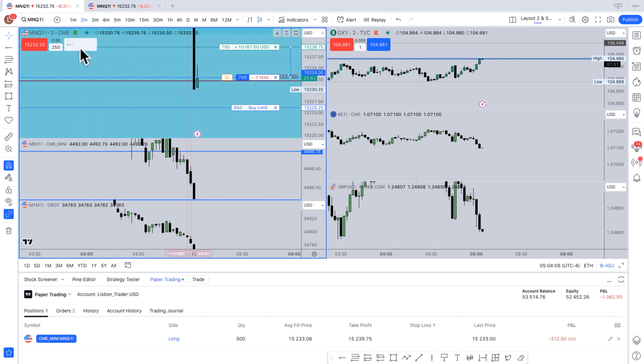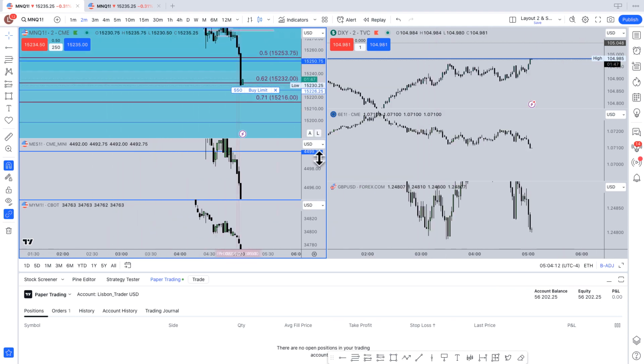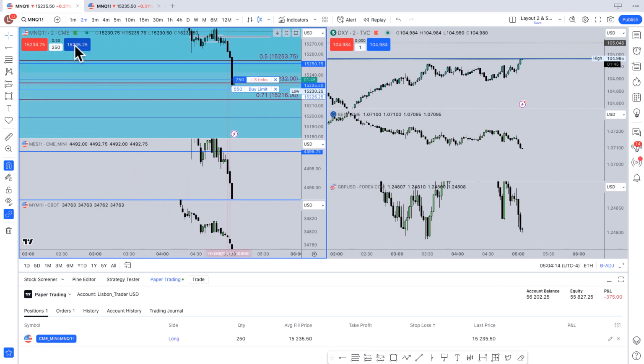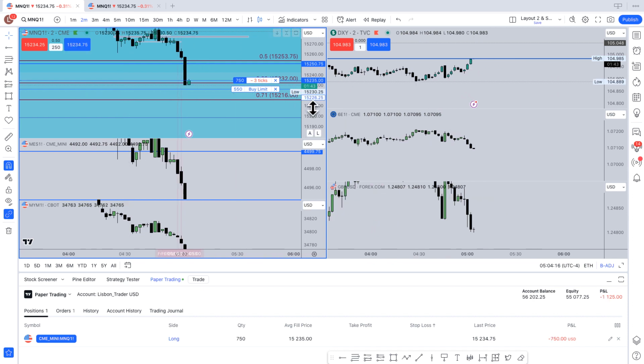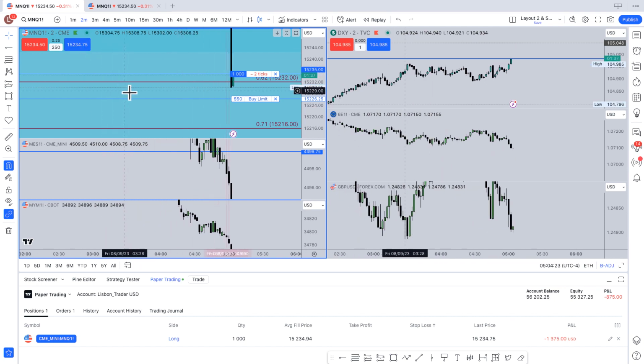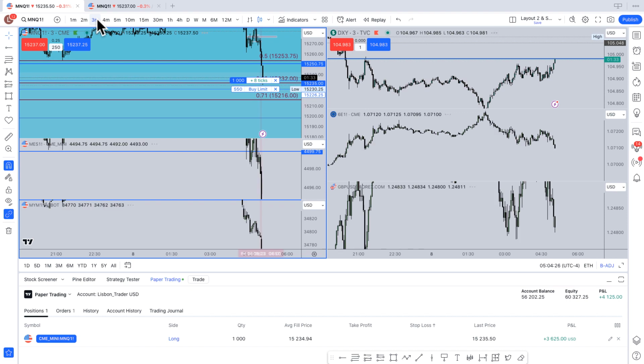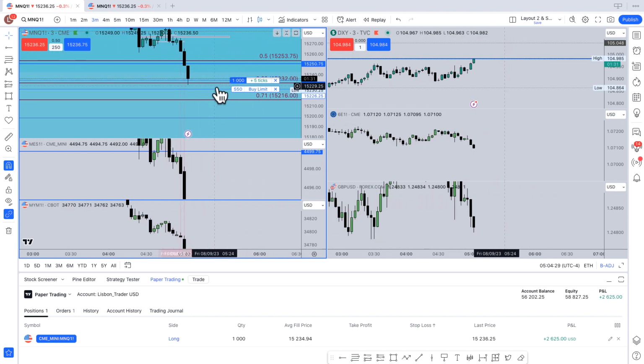So recover much, and we are buying now at 62% level. Removing profit 59.